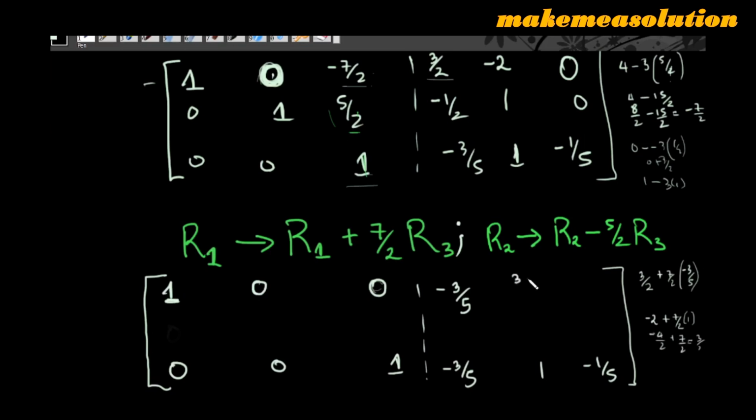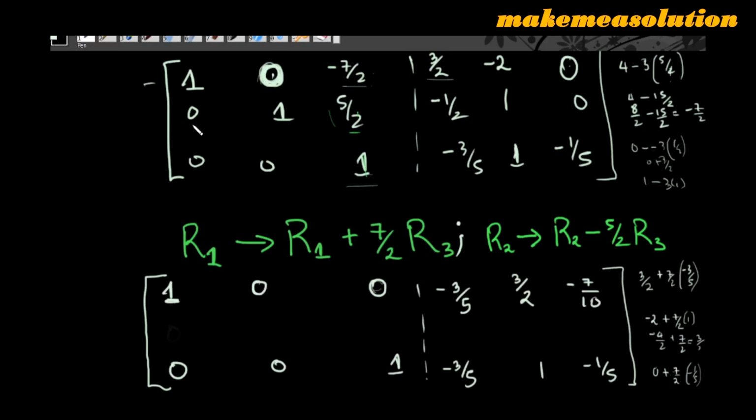So you have a 3 over 2 here. And finally, 0 plus 7 over 2 into minus 1 over 5. So if you do the maths, you're going to get minus 7 over 10, because 0 plus 7 over 2 into minus 1 over 5 evaluates to minus 7 over 10. So we finished row 1.